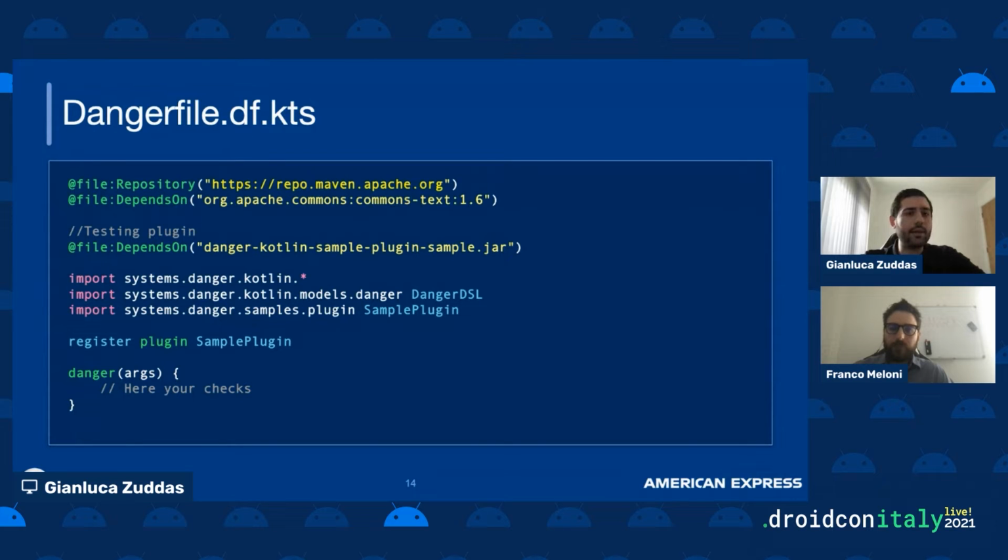You can see at the top we have two annotations, the repository and the depends on, that will allow you to import anything from Maven Central or external Maven dependencies if you want to declare one. Then the import section, and then you can register the plugins if you are using some. And finally, we have our Danger block that is the place where you can write your own checks.